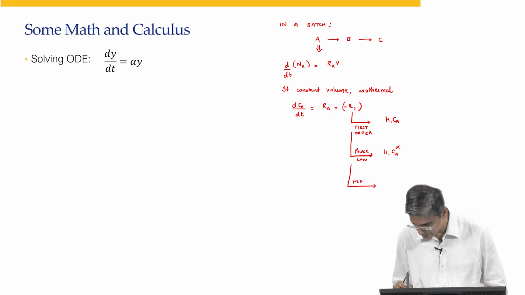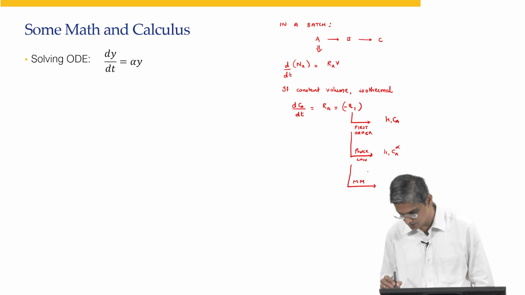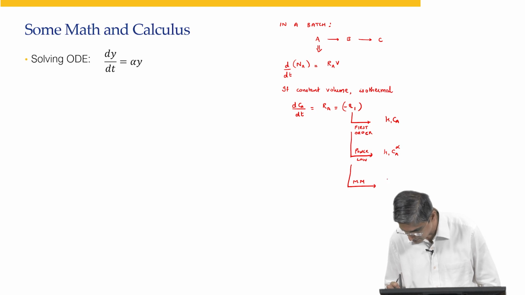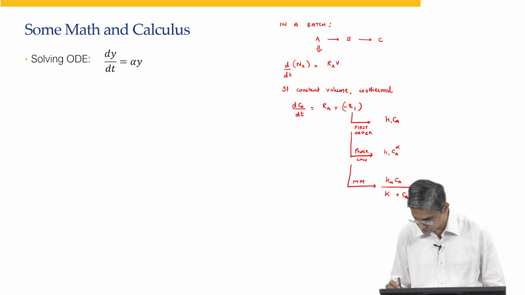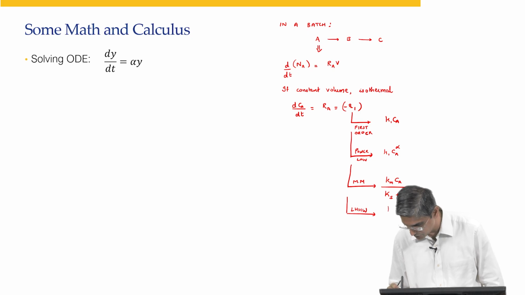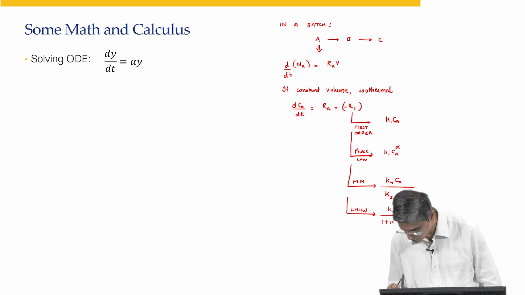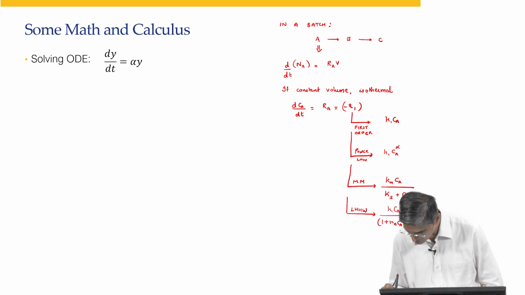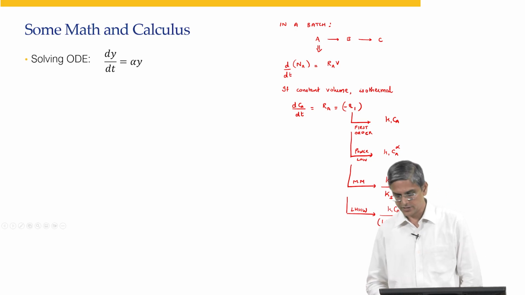If it was Michaelis-Menten type of kinetics, we are going to get this as, if it was LHHW, to the power n.